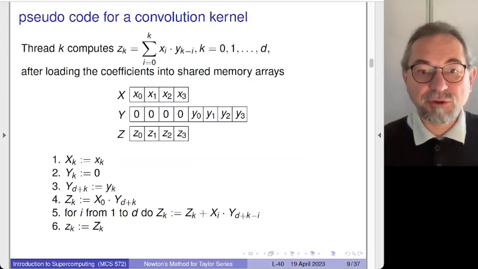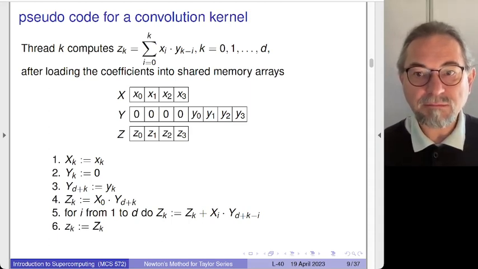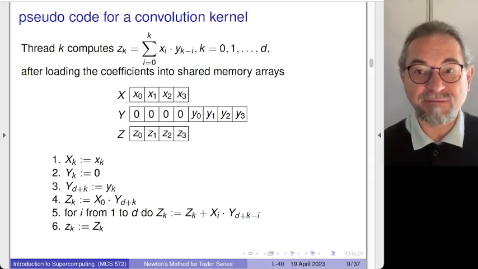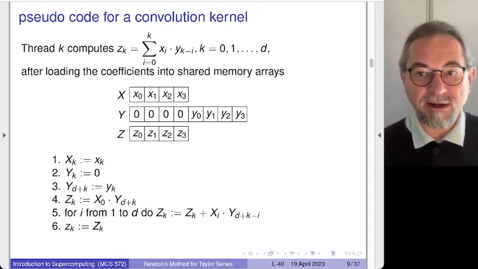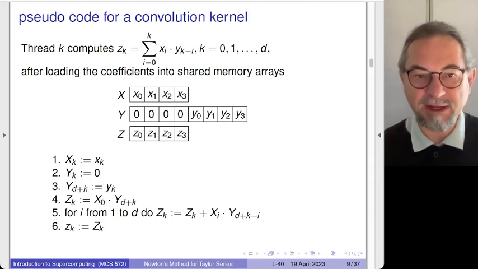Here is the pseudocode for the convolution kernel. This convolution kernel is defined for various levels of precision. So that's really the basic block. The data gets loaded into shared memory arrays, and then you see the instructions that every thread goes through. The first two instructions are the definition of the x and the y.